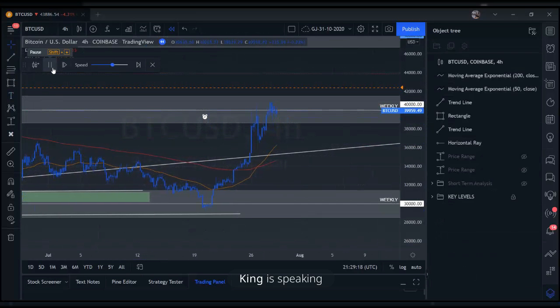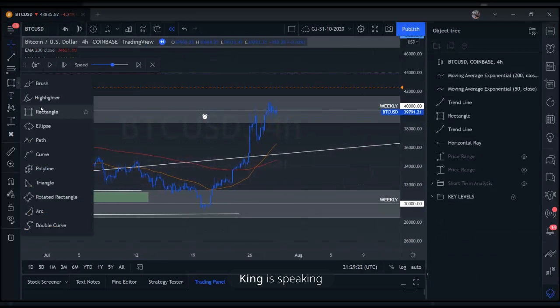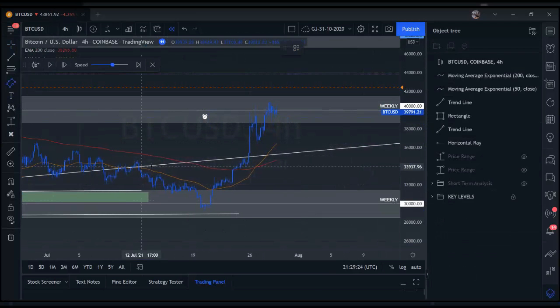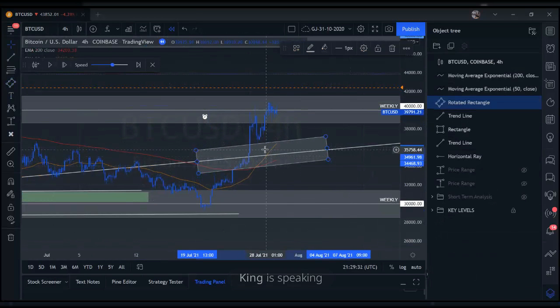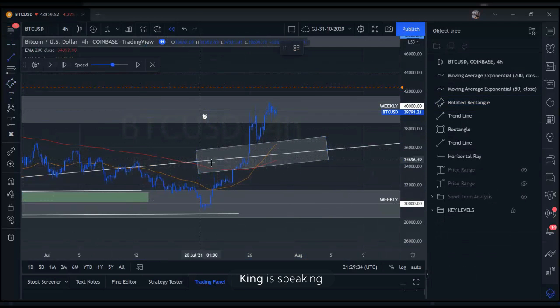We haven't seen the dip yet. But what we would like to see is price come somewhere around here, man. Somewhere around here. Maybe respect these lows, as we've got market structure going.